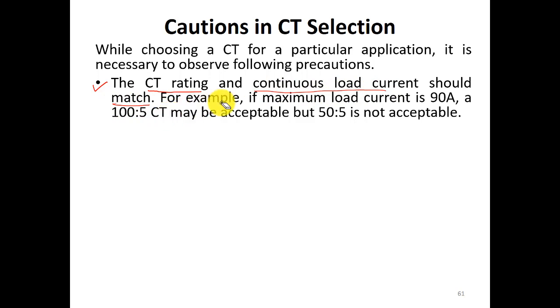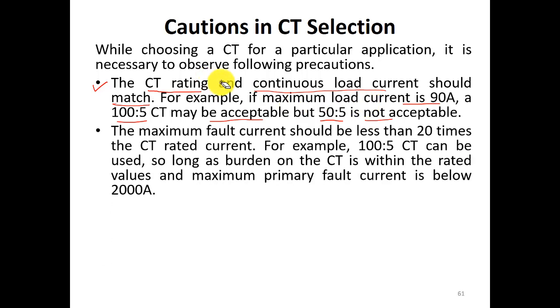Unless that, we should not use that CT. For example, if the maximum load current is 90 ampere, a CT of 100:5 ratio may be acceptable, but 50/5 is not acceptable because the maximum load current is 90 ampere.